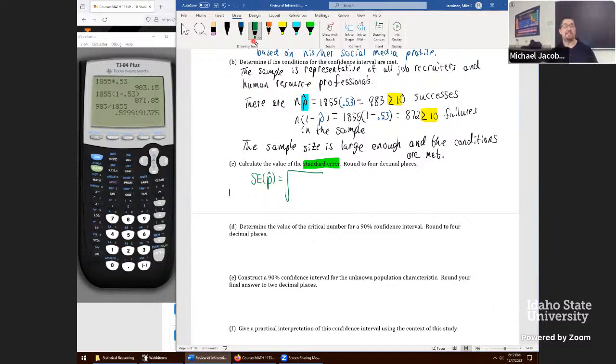Because it's not a hypothesis test, we're not going to put p-naught here. We never even wrote down a null hypothesis to put in such a value. Instead, what we're actually putting in is the statistic itself, p-hat. It goes here, and then 1 minus p-hat goes in the same location, and divide by a sample size n.